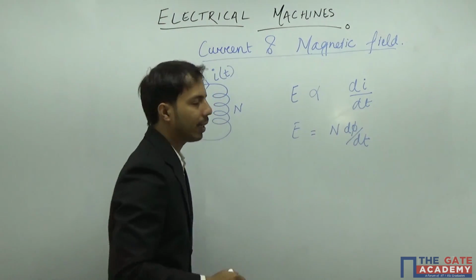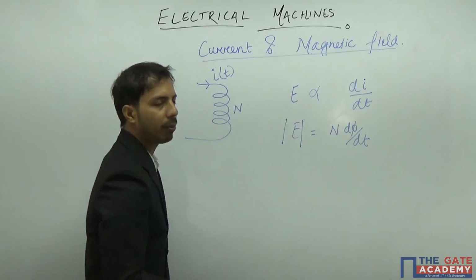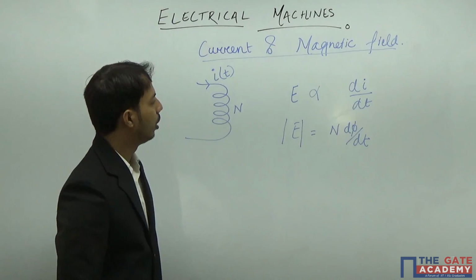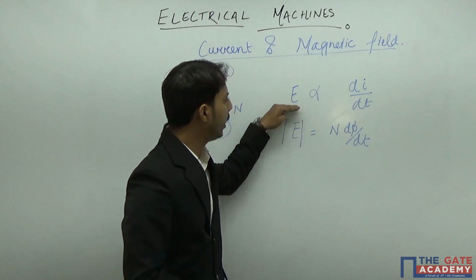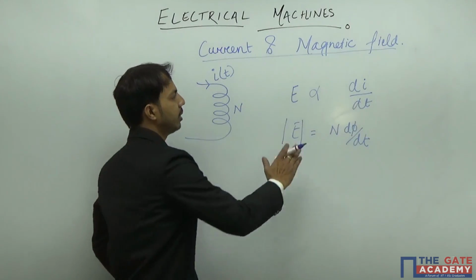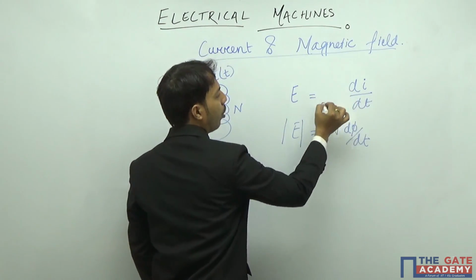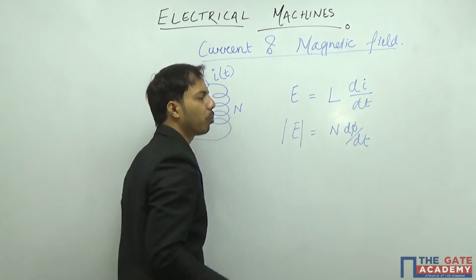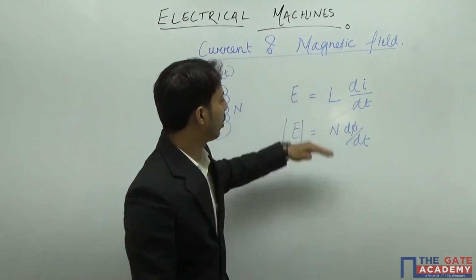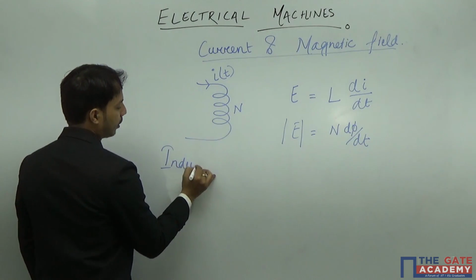Here I am just taking the magnitude, so the negative sign I have not considered. This E is proportional to di/dt, and the inductance of that particular coil is nothing but the proportionality constant.